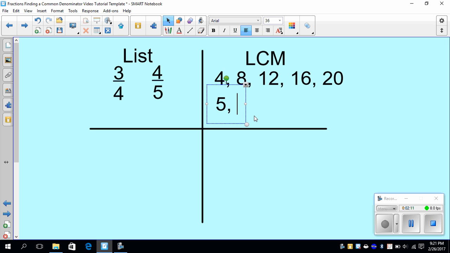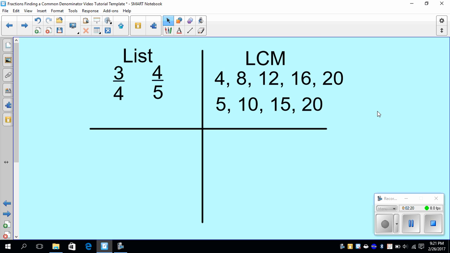So counting by 5s, the next multiple will be 10, 15, not in that top line, 20. I'm going to stop there because 20 is a common multiple between 4 and 5. And that's the first one that we come to, so that's the least common multiple. So 20 would be our least common multiple.